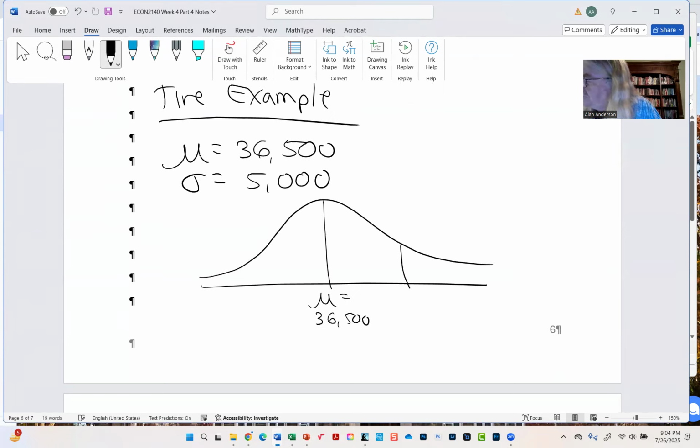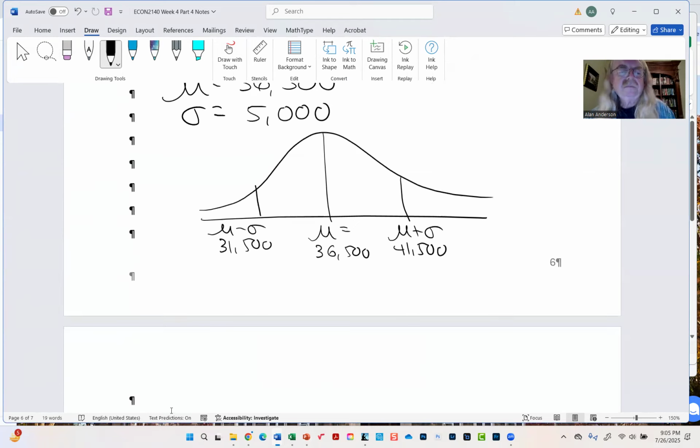And then you could put in here, for example, one standard deviation above the mean would be 41,500, and one below would be 31,500. And that's what your distribution roughly looks like.